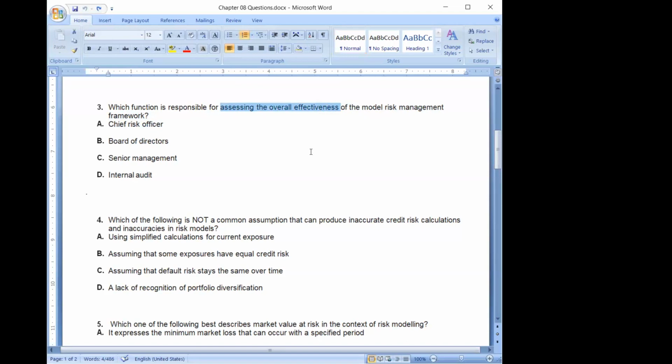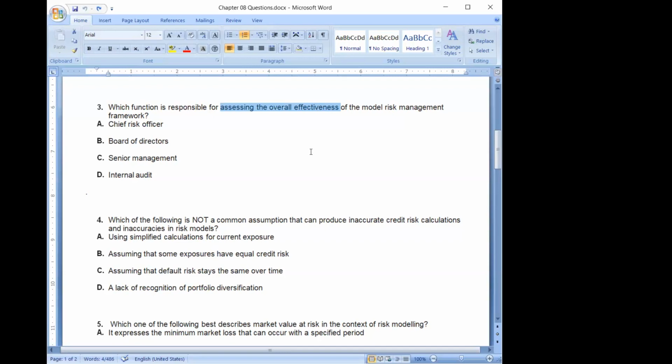We discussed each function has different parts, right? Managing the day-to-day risk is the respective management functions, operationals. Right? Monitoring that is the risk department. Then overall, the oversight function is the board.